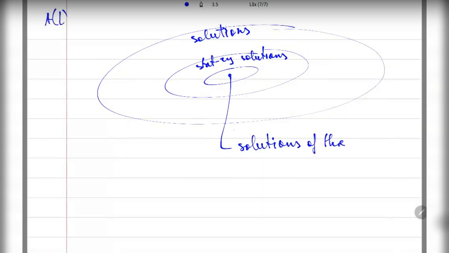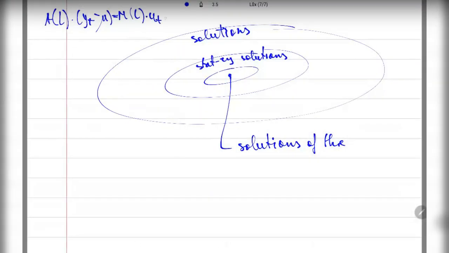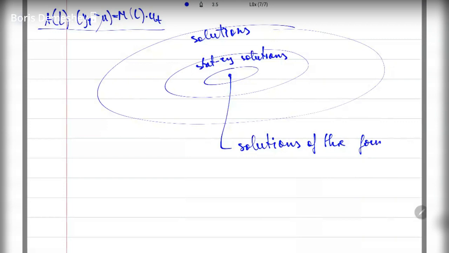We consider the equation A of L times (y_t minus mu) is equal to M of L times u_t, and that's the general case. We have the set of all solutions, the set of stationary solutions, and solutions of the form y_t equals mu plus u_t plus alpha_1 u_{t-1} plus alpha_2 u_{t-2} plus so on.